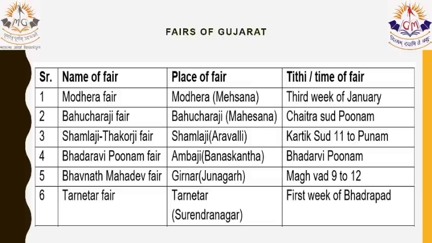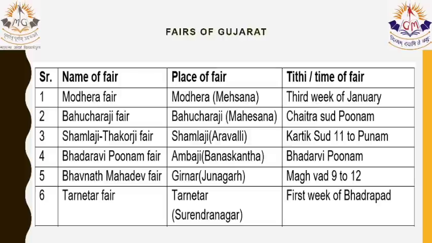Now before we start learning about the fairs, the Gregorian calendar that we use, that is the English calendar, starts from the month of January and ends at December. In the same way, there is the Hindu calendar that we have learned in Social Studies 9th standard.